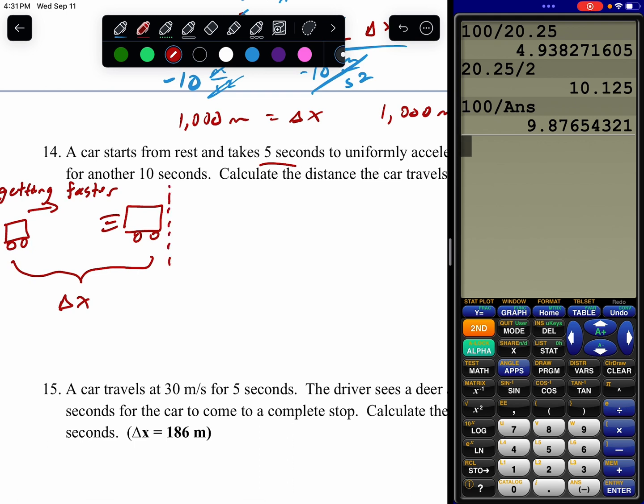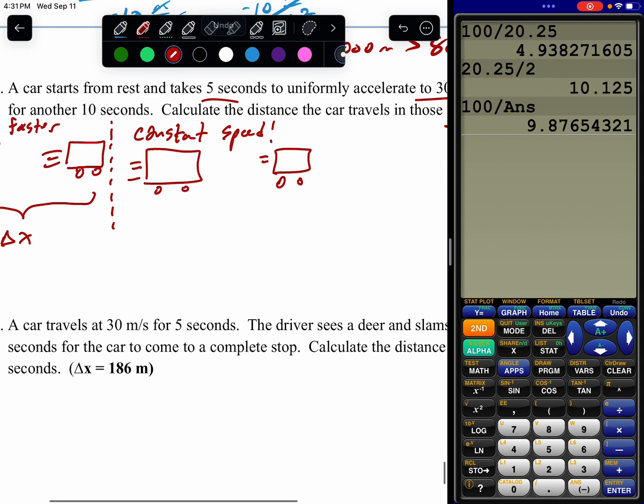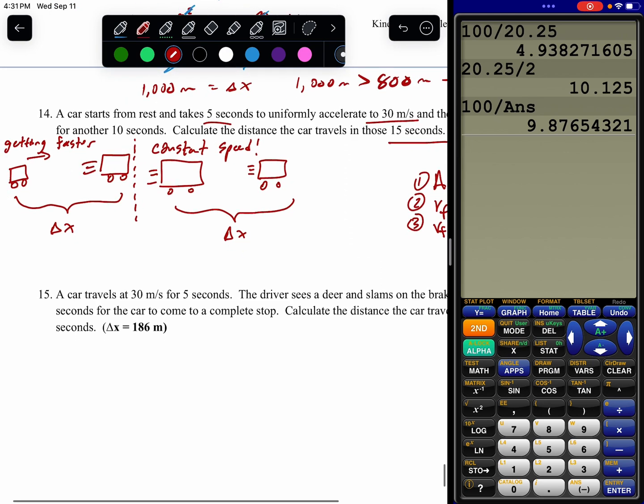And then we have the car traveling at a constant speed, and that's going to travel another delta x. I want to make sure I have the same amount of speed lines. So we have 2 delta x's we are solving for. One of them where there is acceleration, and one where there is not acceleration. Let's go ahead and solve these in pieces.